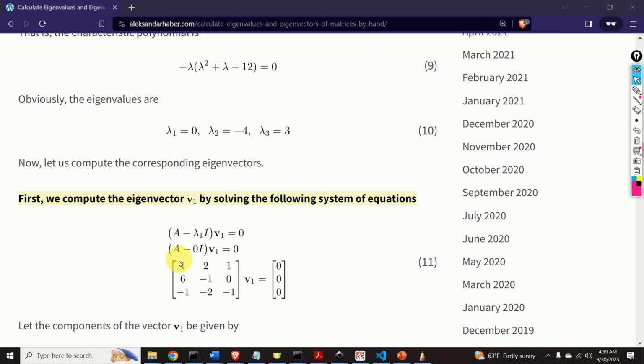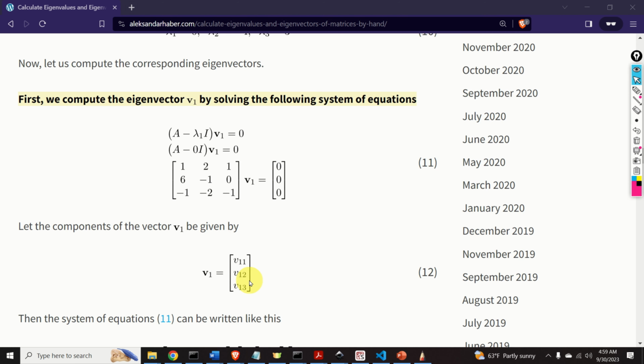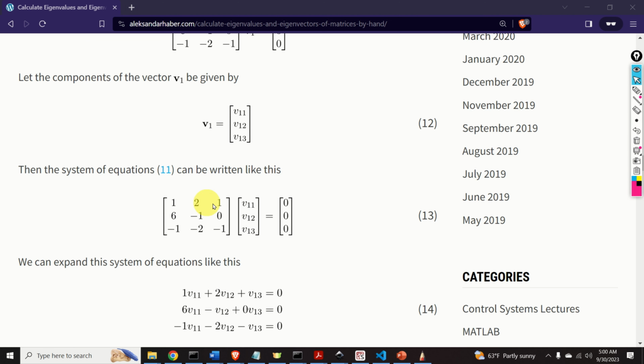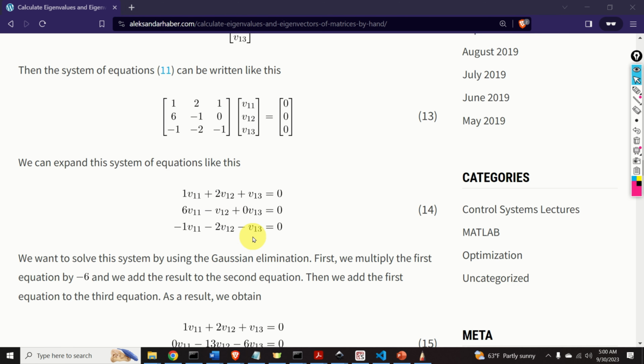If we substitute the matrix A, we obtain this expression. Now, let the components of the vector v1 be v11, v12, v13. Then, by using this expansion, we can write the system of equations like this. If we multiply this matrix by this vector, we obtain the expanded system of equations. Here it is, and we need to solve it for v11, v12, and v13.